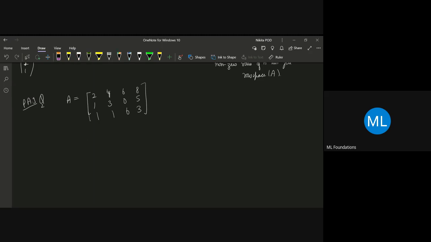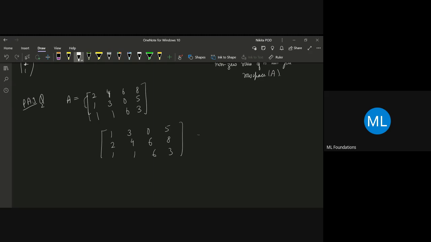Okay, so let's do this. I can interchange the first and the second row, and I will get 1 3 0 5, 2 4 6 8, 1 1 6 3.